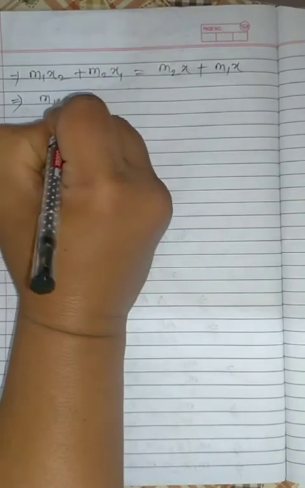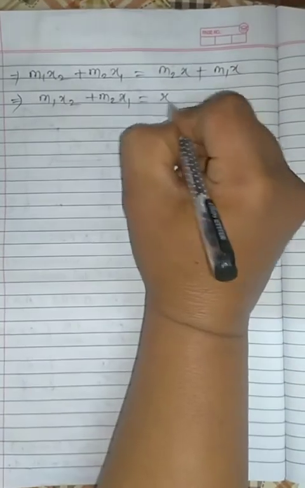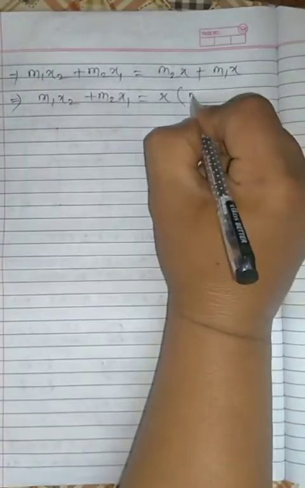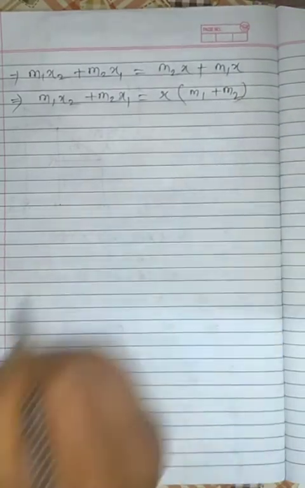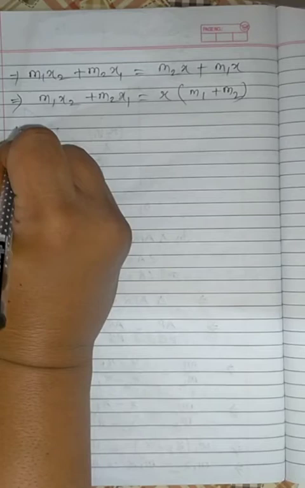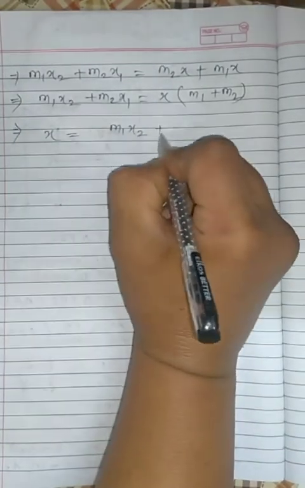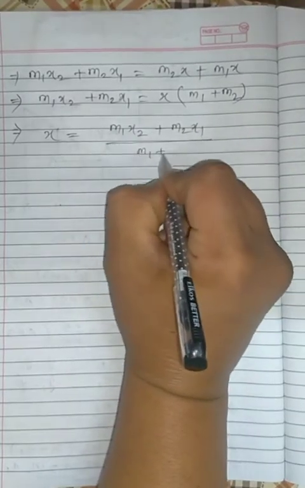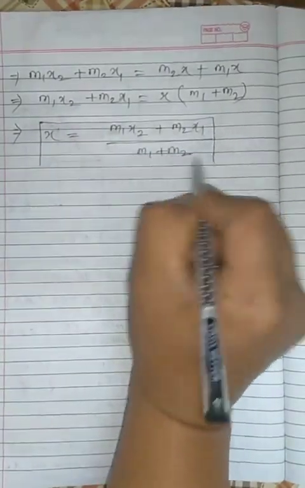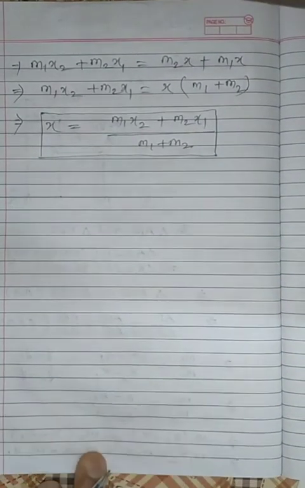That implies M1 x2 plus M2 x1 is equal to, we take x common and we get M2 plus M1. I am arranging it as M1 plus M2. This implies x is equal to M1 x2 plus M2 x1 upon M1 plus M2. This is your section formula for the coordinate of x.